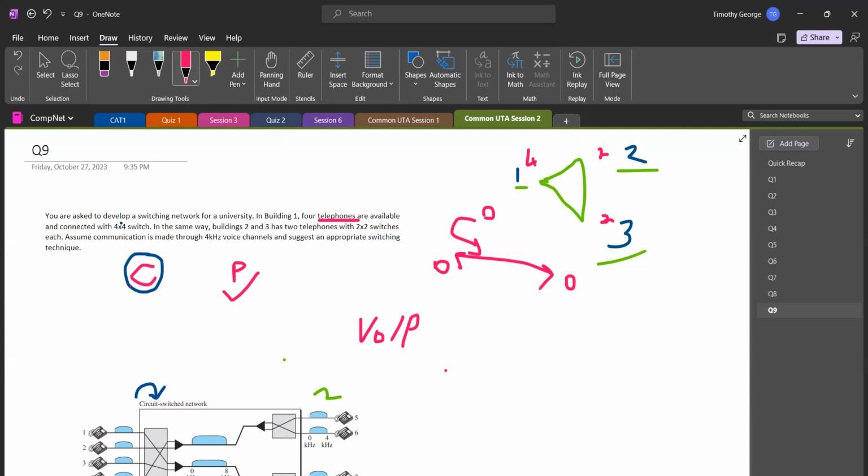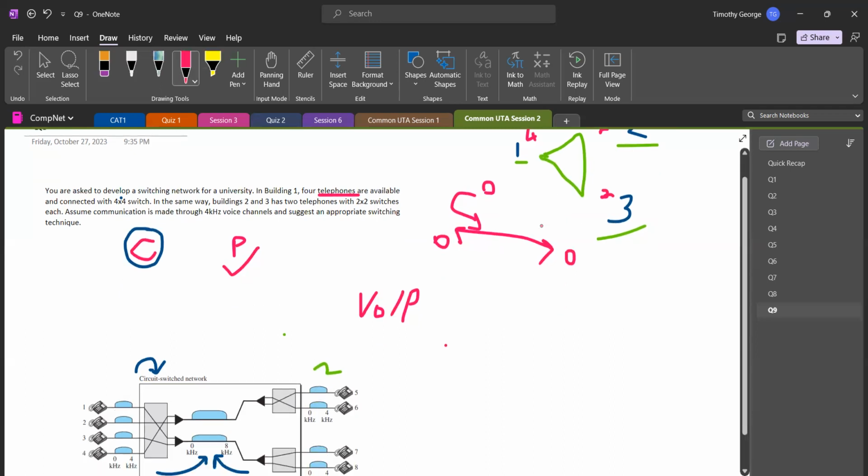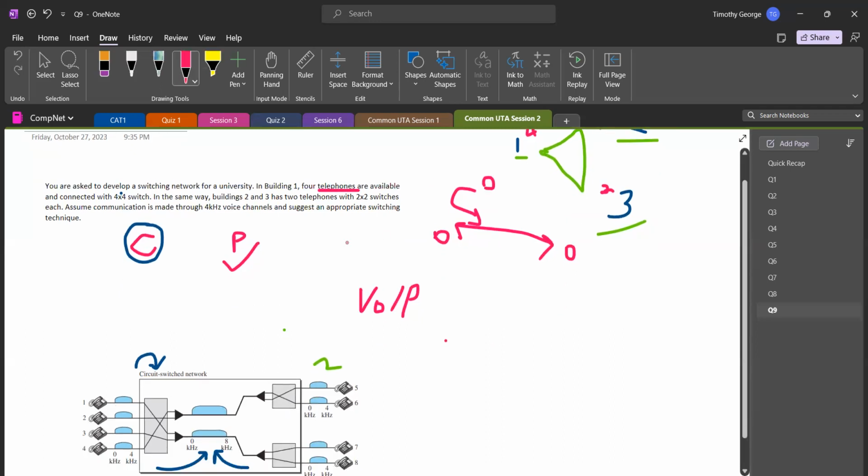So circuit switching gives you that dedicated channel between one node and the other. Packet switching, on the other hand, is popular now because of the internet and the voice over internet protocols that we have, but telephones were circuit.